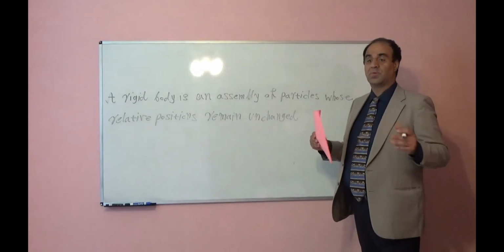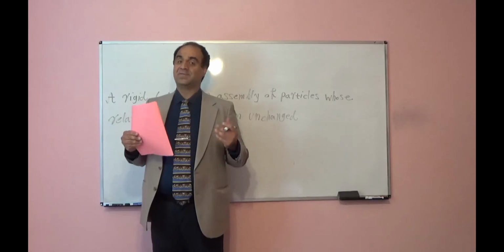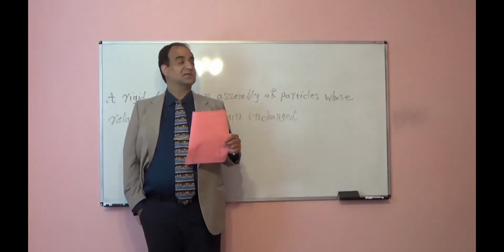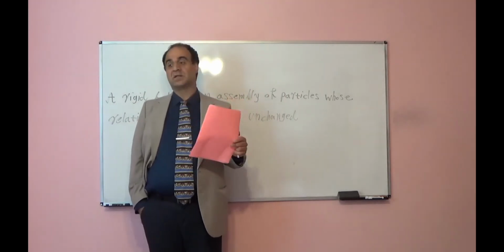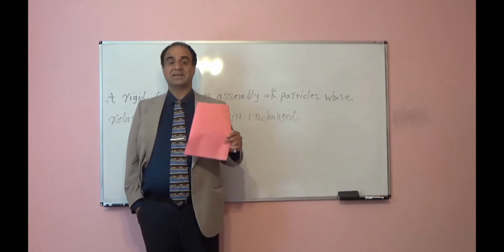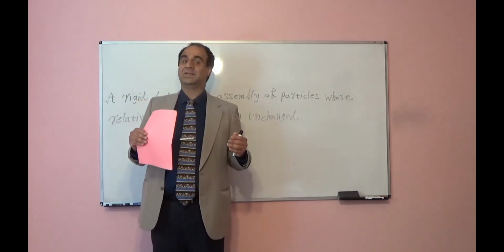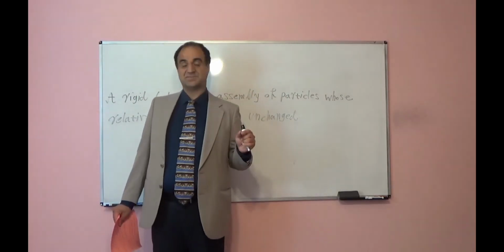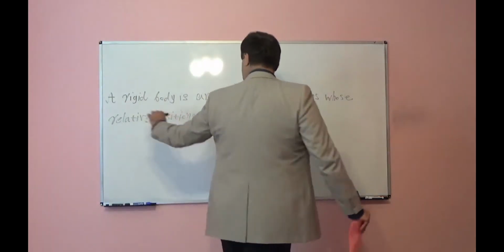You know, all bodies under load will deform. In some bodies, the deformation is large. We can see that. In some bodies, deformation can be very small and we cannot see it. But anyway, a real body under load definitely will have deformation. If the amount of deformation is very small and we neglect that deformation, we call it a rigid body.